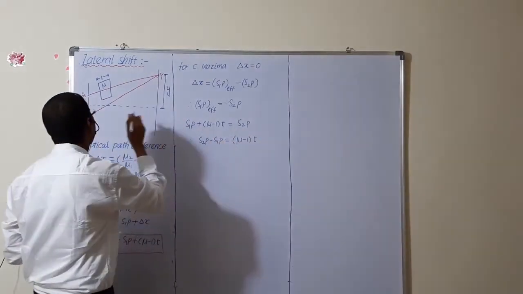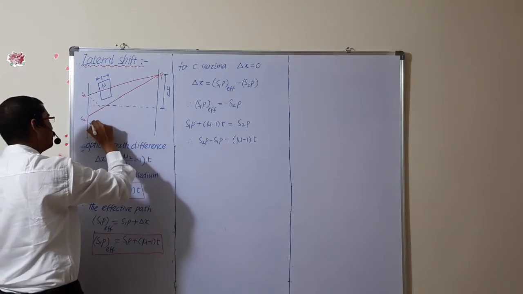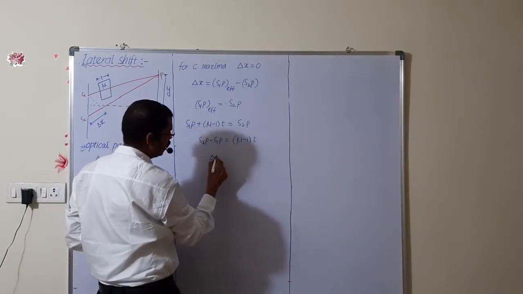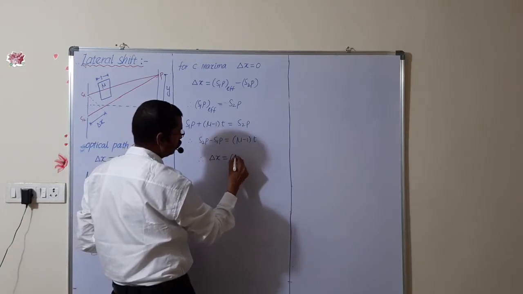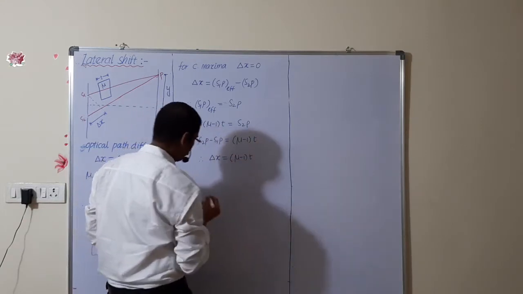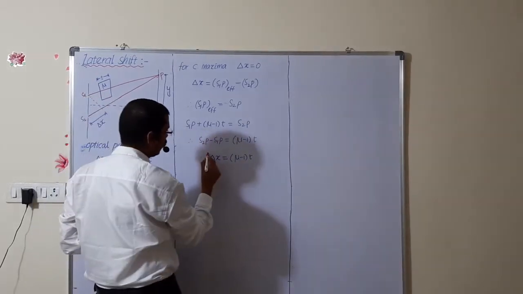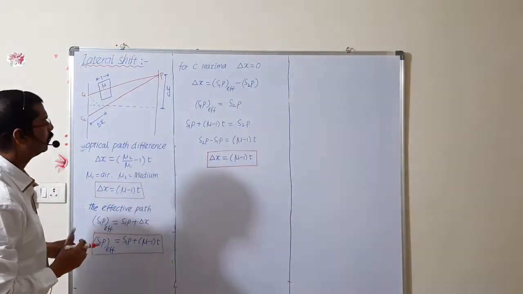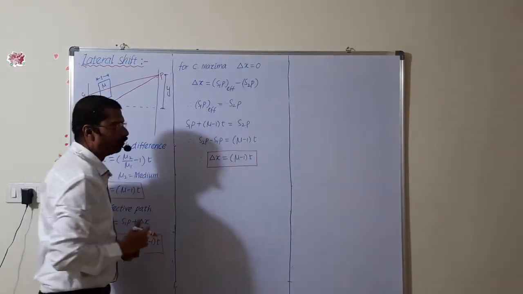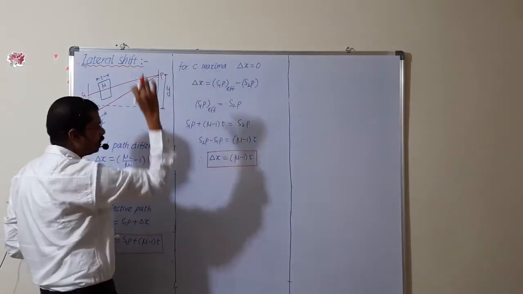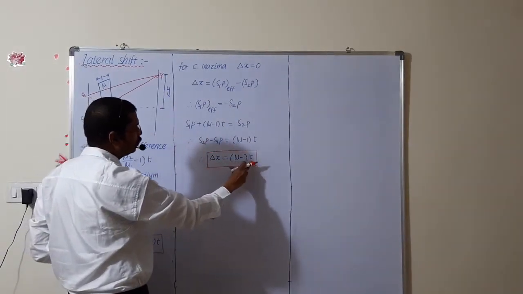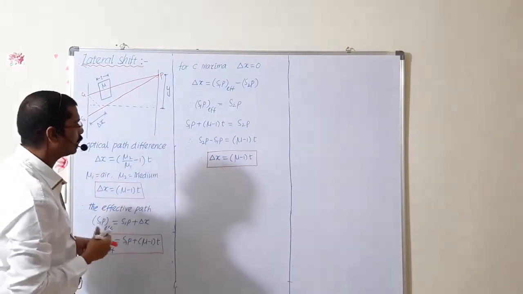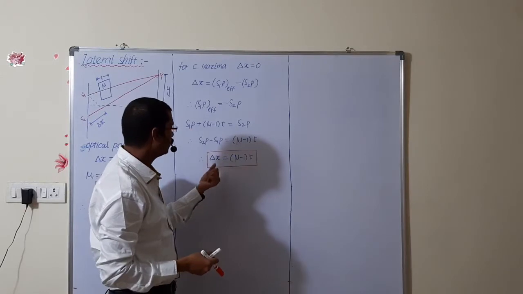Here S2P minus S1P is nothing but delta X. So delta X is equal to (mu minus 1) into T. This is the path difference we got.